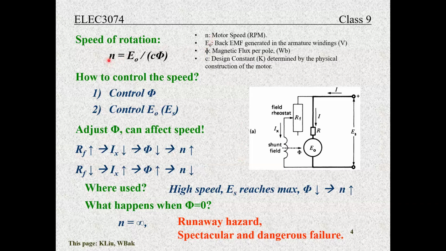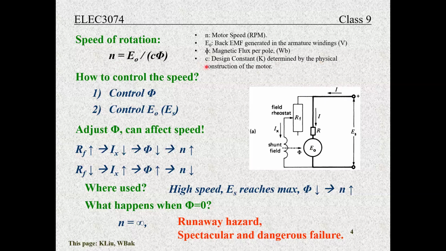So, here we got another formula. Output voltage, or the voltage, the armature voltage here, divided by the design constant, and that also sometimes is listed as K, and it's determined by the physical construction of the motor.